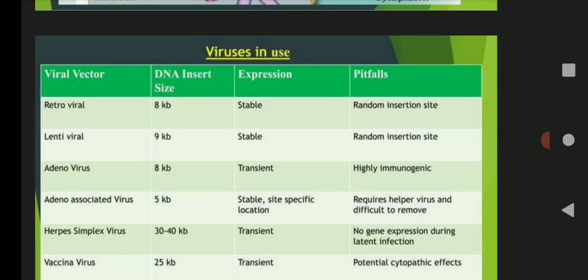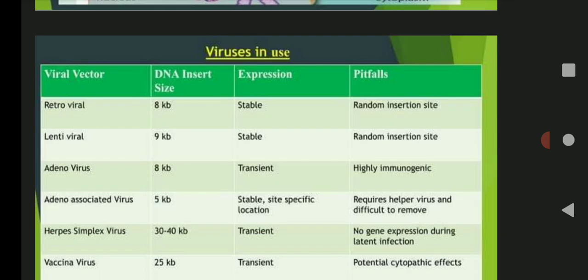The retrovirus and lentiviruses are stable in transferring, and have random insertion sites. Adenoviruses are transient and highly immunogenic in nature, and adeno-associated virus is capable of carrying 5 kilobase pairs of foreign DNA into the animal tissue, and it requires a helper virus for the process of infection.